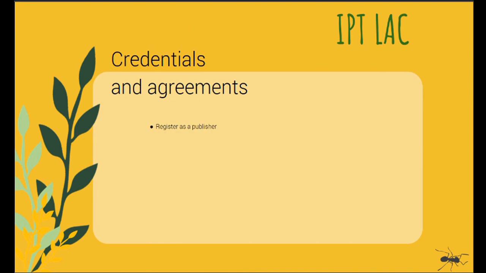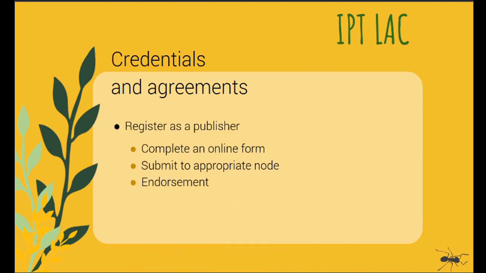As with any other IPT installation, every organization that wishes to use the IPT LAC must register as a publisher with GBIF. To become a registered GBIF publisher, each organization must complete a simple form and submit it to the appropriate GBIF participant node for endorsement.